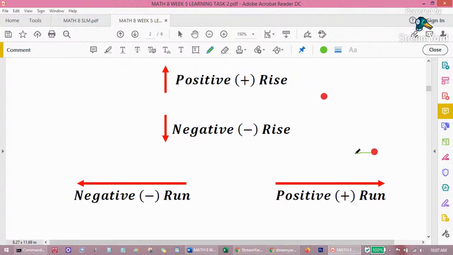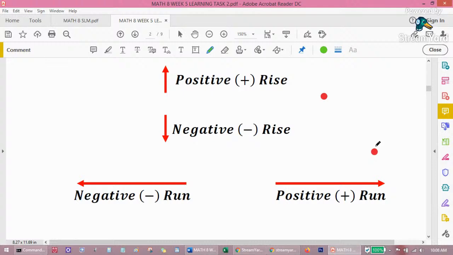So pumunta dito siya sa left side. Ibig sabihin, ang run niya is negative. And then umakyat siya. Ibig sabihin, ang rise niya is positive.